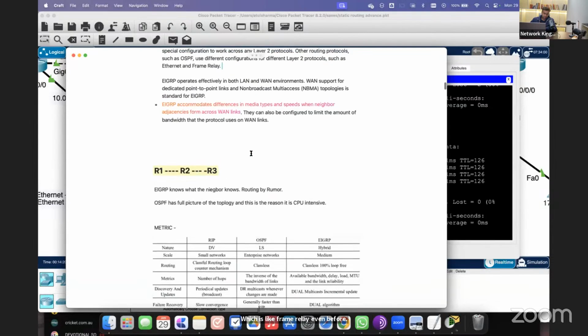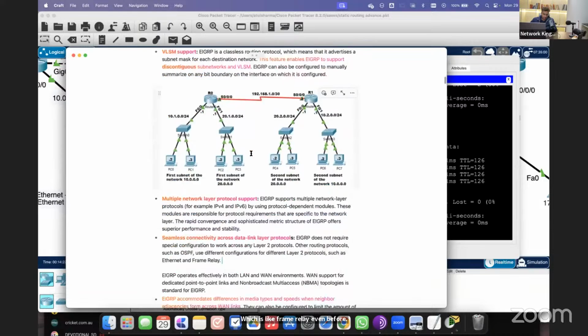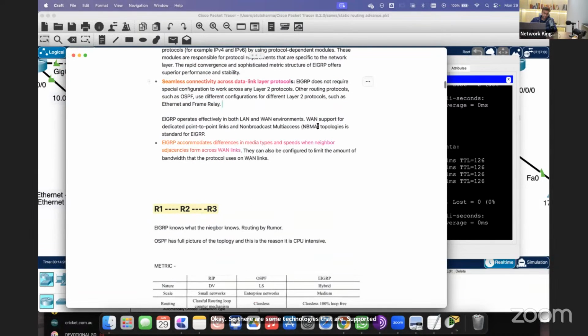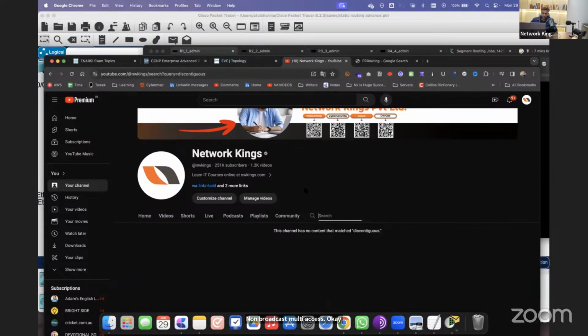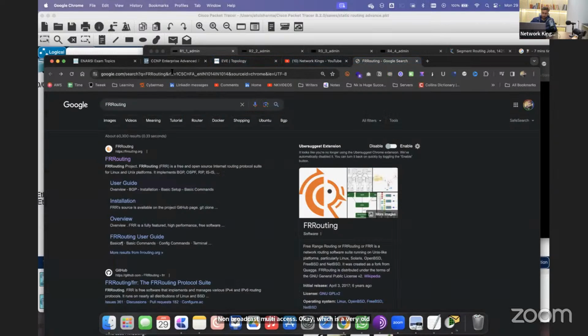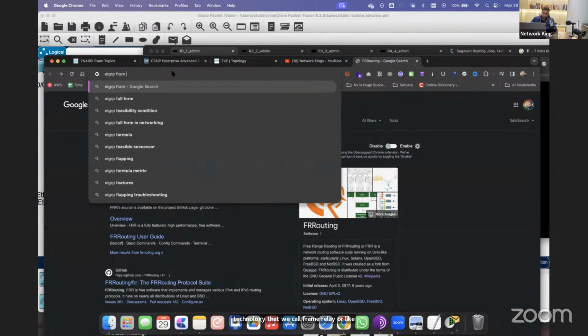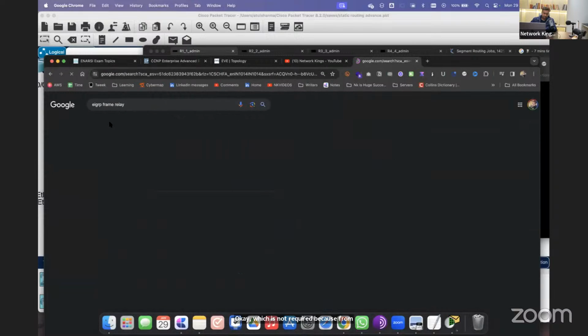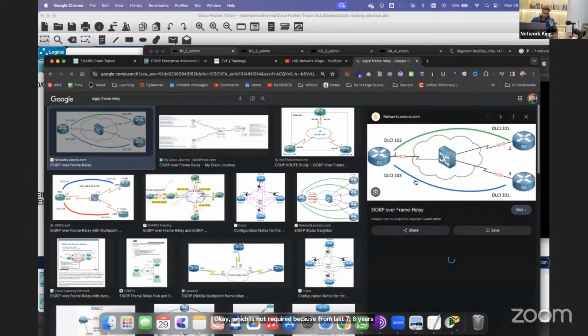There are some technologies that are supported by EIGRP, called NBMA, non-broadcast multi-access, which is a very old technology that we call frame relay. It is not required because for the last 7, 8, 10 years we are not using that.